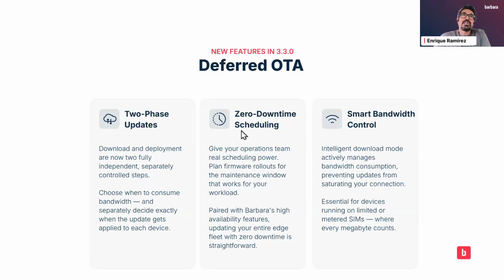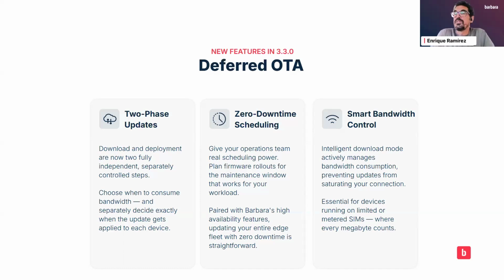You have zero downtime scheduling because, obviously, every time you apply an update you need to reboot your device. But if your device is part of a cluster, as we mentioned before, then you will have no downtime because the application will move to the other available edge nodes in the cluster while the edge node is updating.